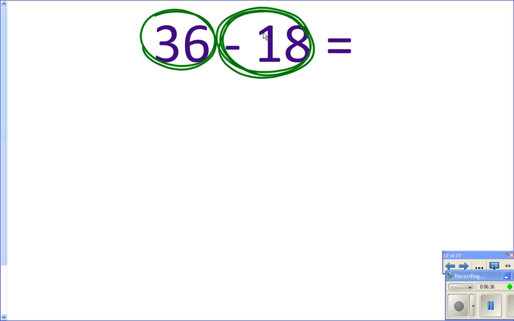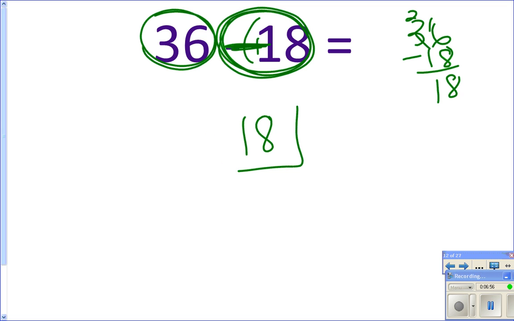So if there's not a negative here, you can imagine that it is a positive. So these are different signs, so it will be a minus. 36 minus 18 is going to be what? 36 minus 18. 16 minus 8 is 8. 2 minus 1 is 1, so you should get 18.